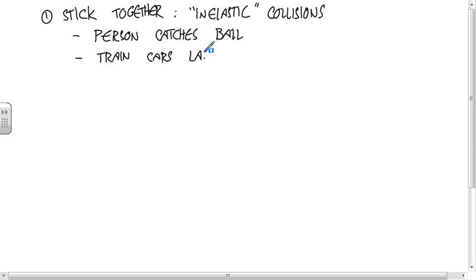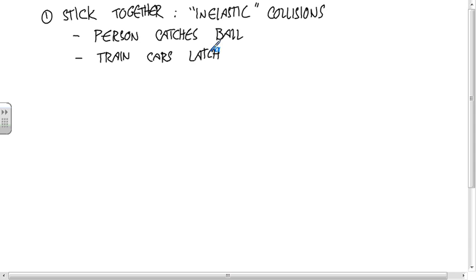So why would the person catching the ball be a tricky one, if they're grabbing onto it instead of the ball hitting them and sticking to it? The key is just that after the collision, they have to have the same velocity. So the ball hits them and it drops instead of bouncing back. After the collision, whatever the person does, the ball does too.